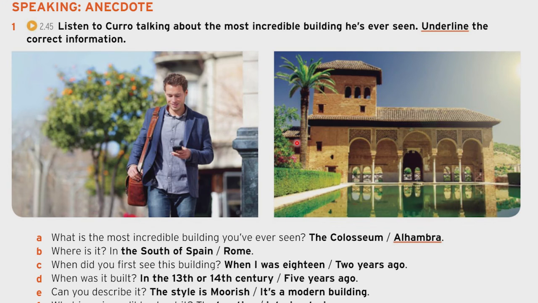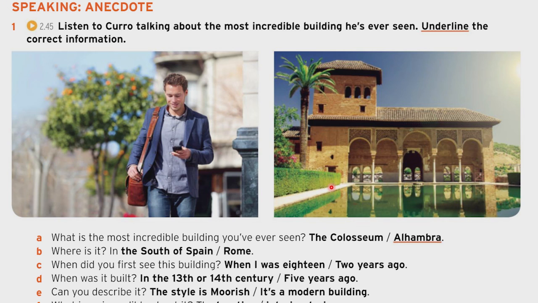I love the gardens. Water is very important. You can hear water running wherever you go. But it isn't only the building that's so great. I think the location is the most incredible thing about it. It's built on a hill overlooking Granada, with the Sierra Nevada mountains in the background. I've been there 4 times, and each time I think it is more beautiful. In my opinion, it is definitely one of the 7 wonders of the modern world.